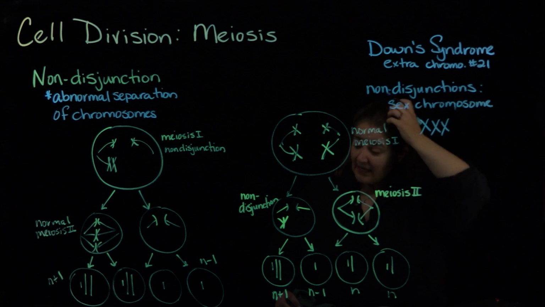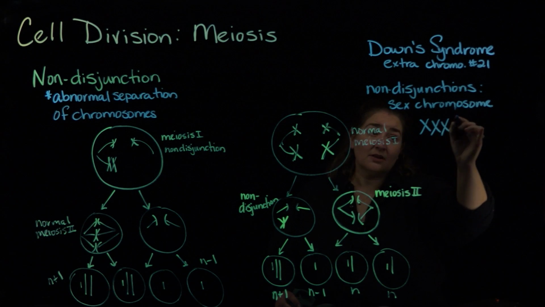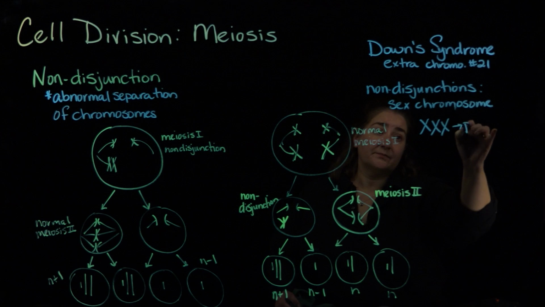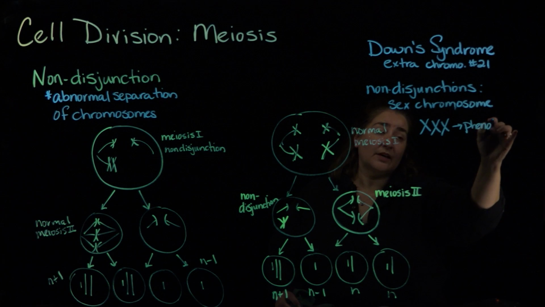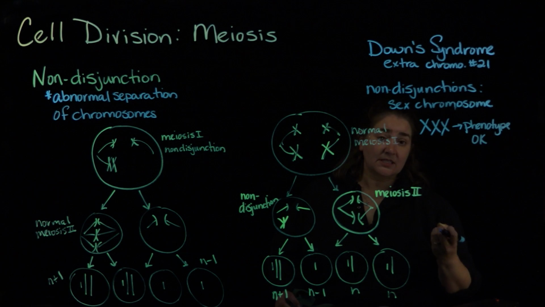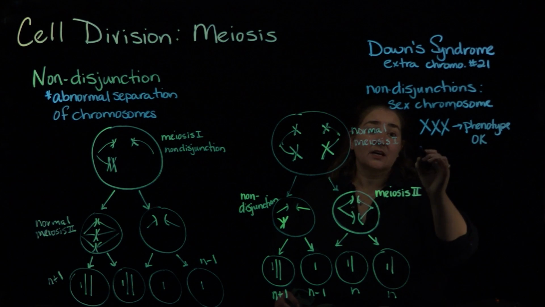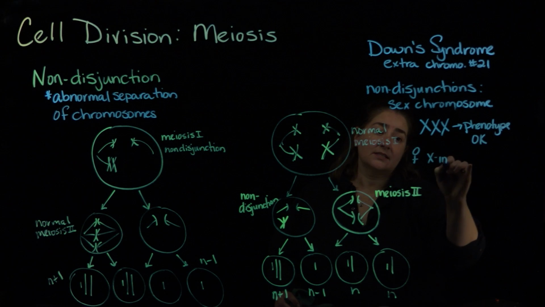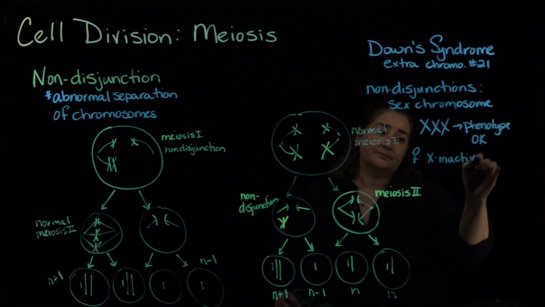In terms of phenotypes, or what they look like, having 3 X chromosomes isn't terribly detrimental to a female, because females undergo a process known as X inactivation.